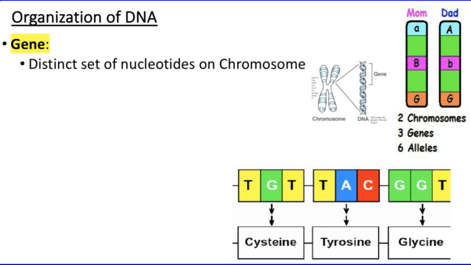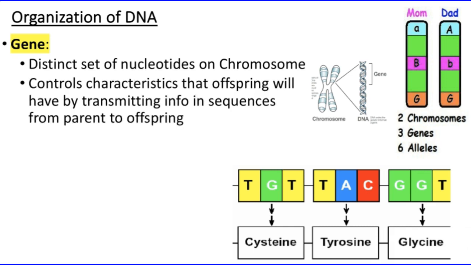It just depends on that particular gene and how many base pairs are included in that single segment of DNA, aka a gene. The genes of DNA are what control the characteristics that offspring will have by transmitting the info and sequences from the parent to offspring.